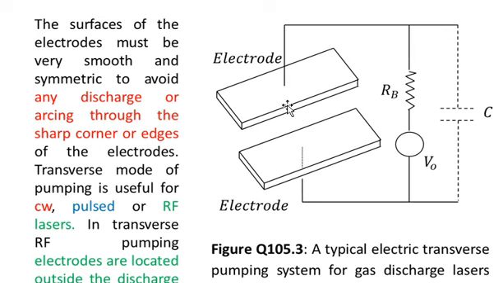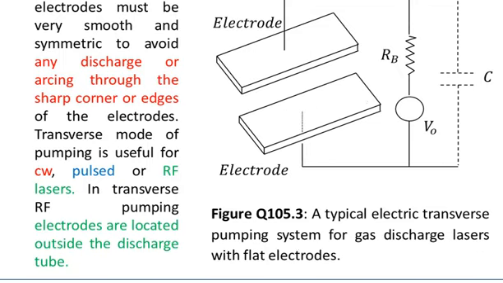So this is the transverse case, and you can again see that there is RB, the ballast resistance, which is the load resistance. V0 is the DC voltage supply, and in the dotted line I have shown a capacitor, a ballast capacitor in principle, which I shall explain after a minute.